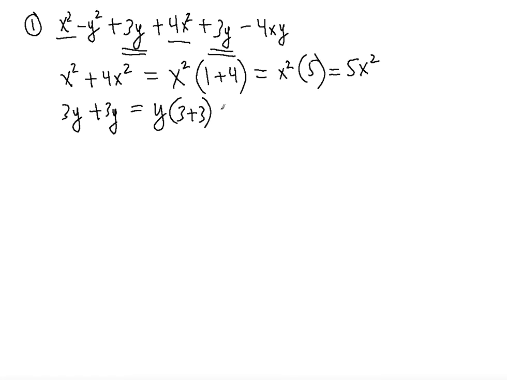So we're going to have 3 plus 3 times y, and that's going to give us 6y. Now everything else remains the same. So as a result, we're looking at 5x squared plus 6y minus y squared minus 4xy. That's your final result.